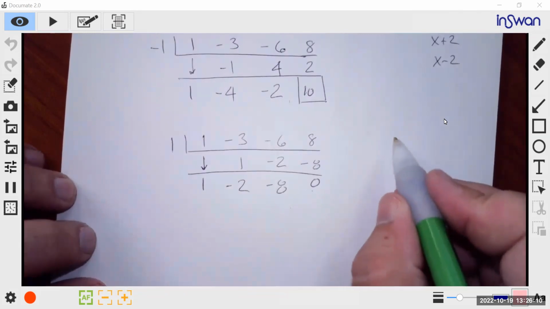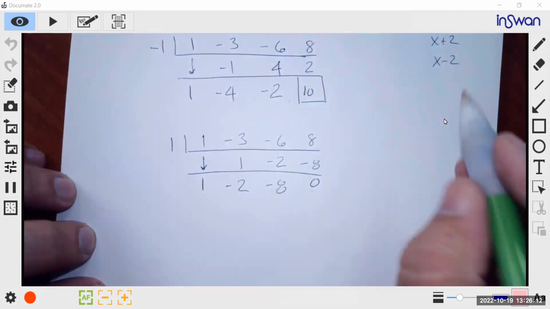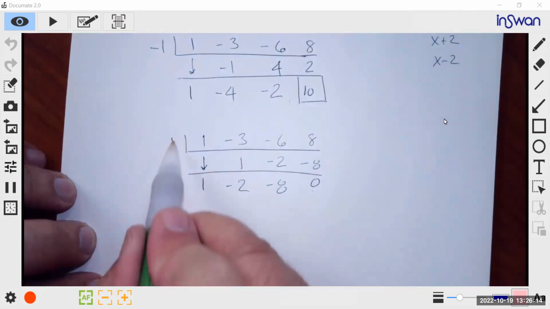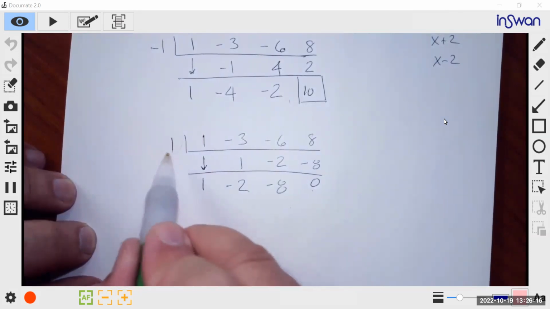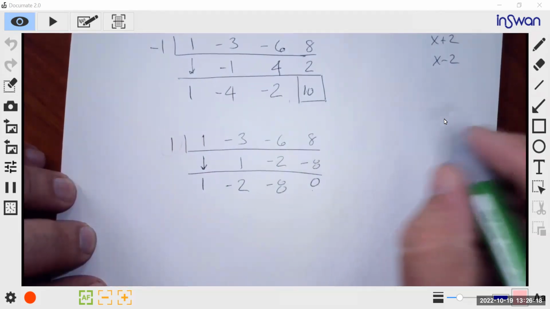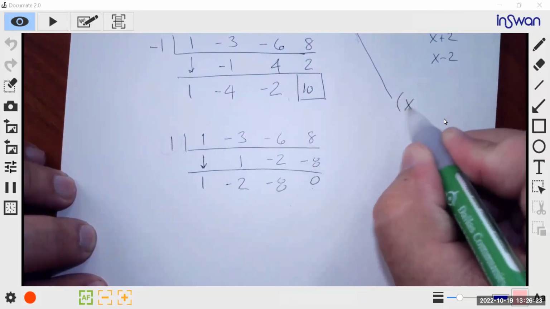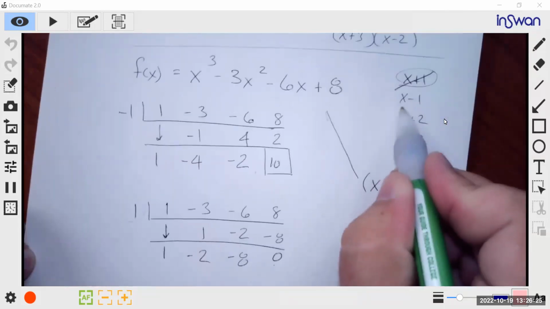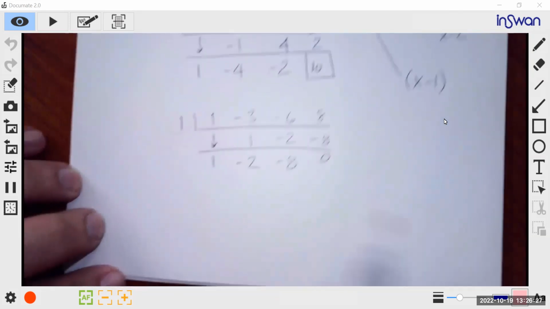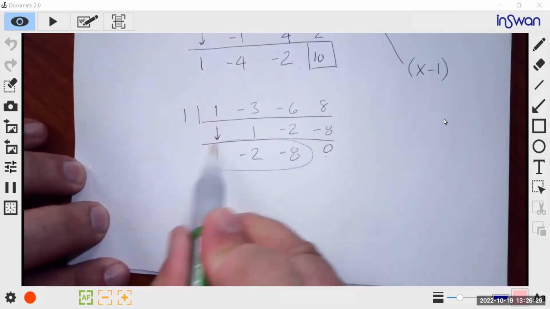So out of this equation, we know what is a factor. That equals 0, but what does that come from? So we know that one of the factors is x minus 1.